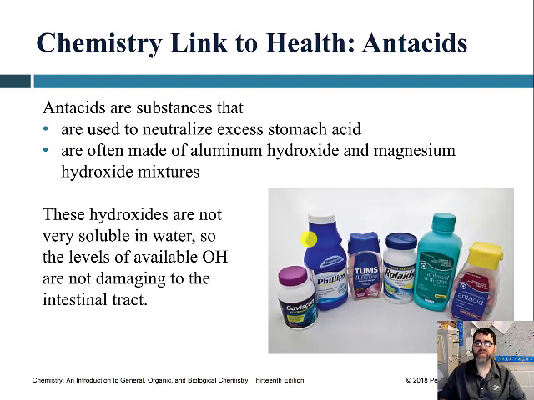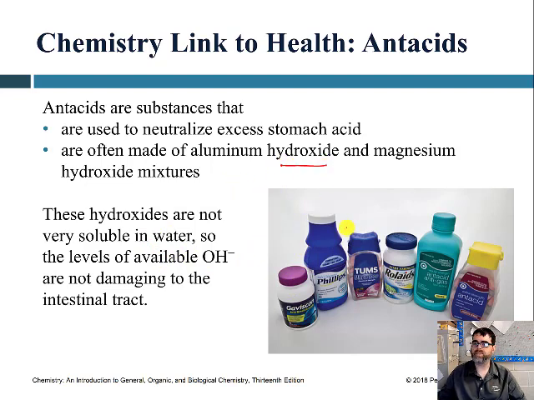And again, coming back to health, your stomach produces acid. Sometimes it overproduces acid, or that acid leaves the stomach where you have the protective lining and ends up in the esophagus. And so to do that, we want to neutralize that excess stomach acid. And so to do that, we will use antacids, and the antacids usually have hydroxides in them.